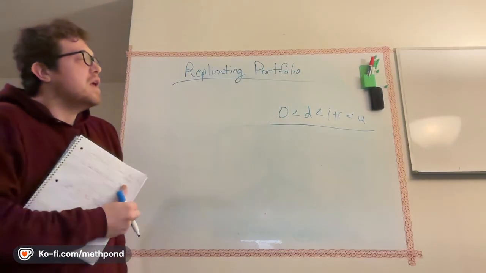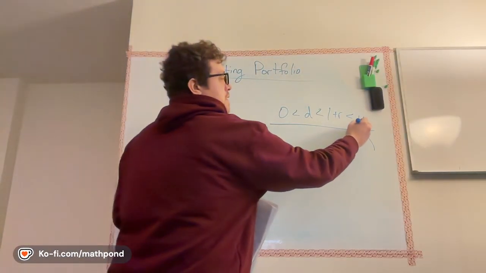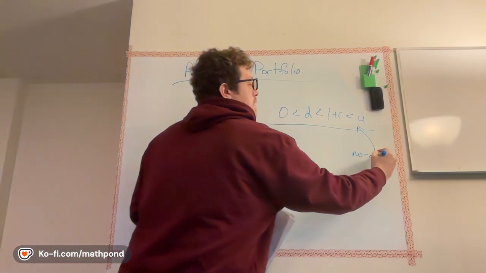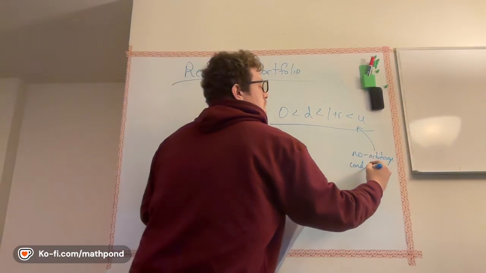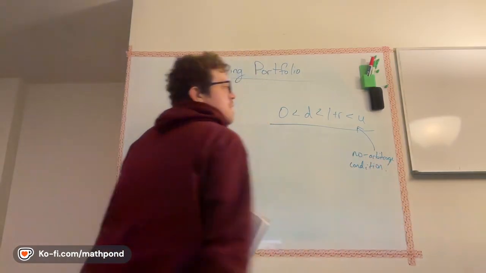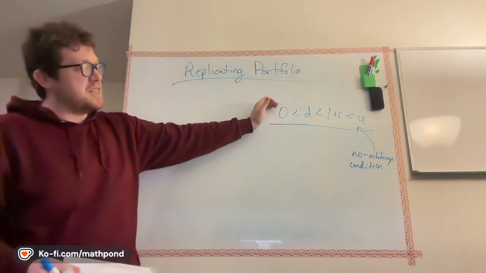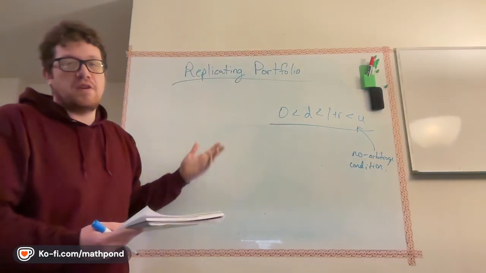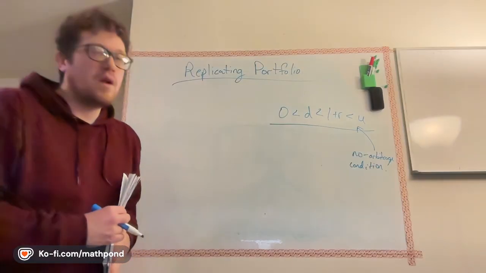So essentially this is a no arbitrage condition. If this isn't satisfied, then there's a way to set up your portfolio so you just make money for free and you don't take any risk. So then it's kind of boring.